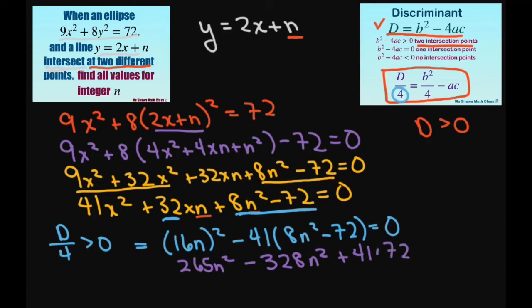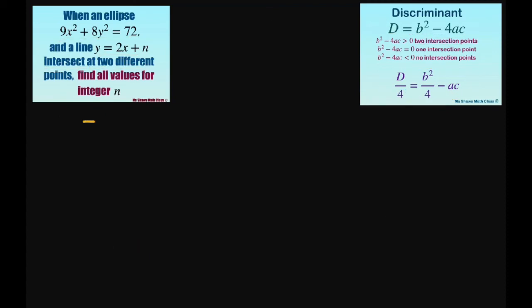When we subtract these two, we're going to get negative 72n squared, and then we still have this 41 times 72. Looking at this, I can factor out a negative 72, and that gives us n squared minus 41, and again we want this to be positive.